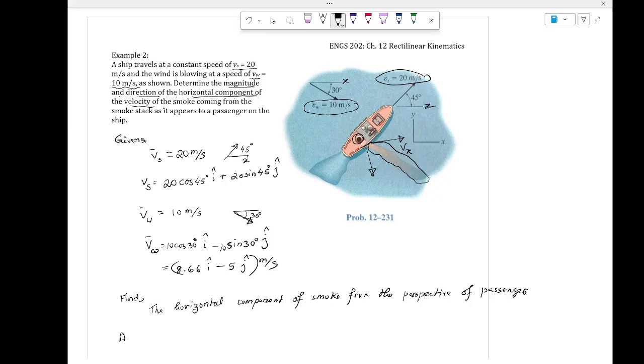So you have to make one tiny assumption: the horizontal component matches the wind.